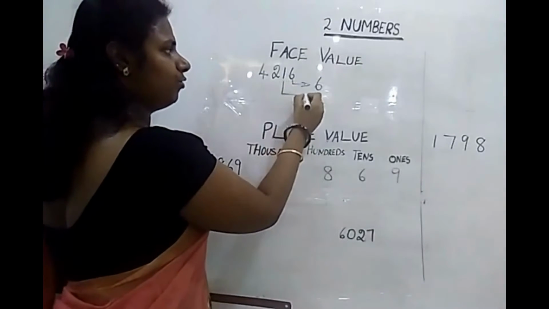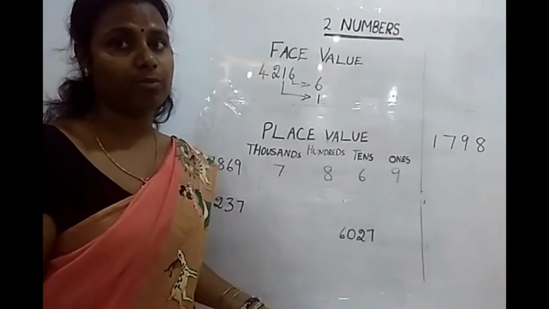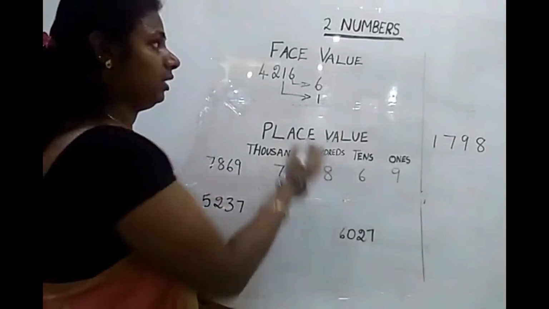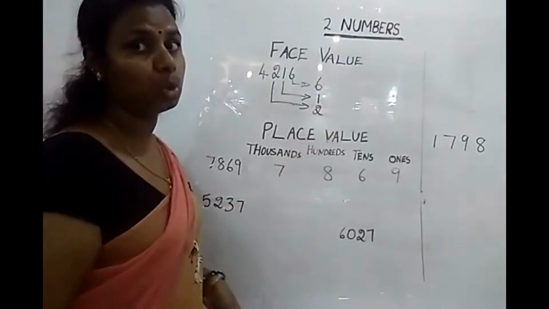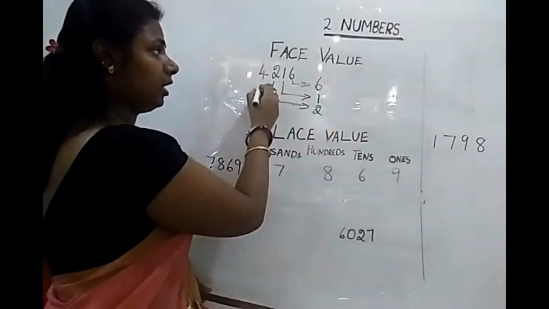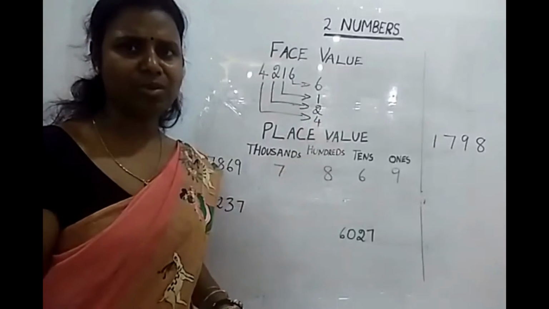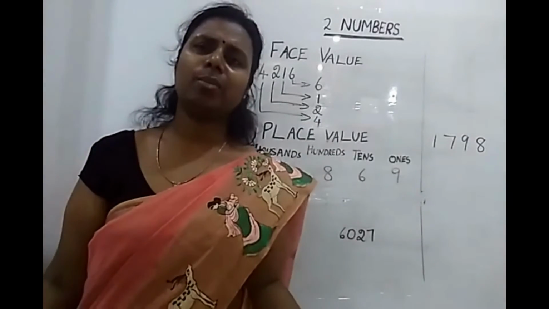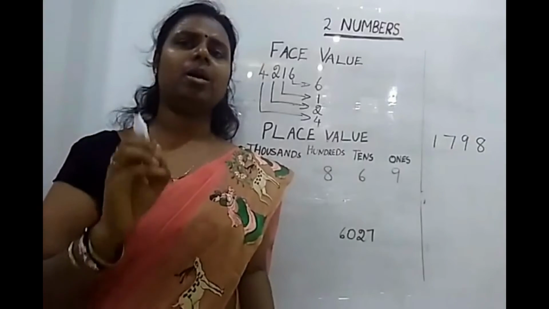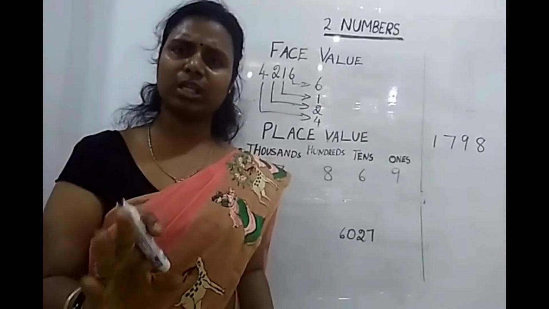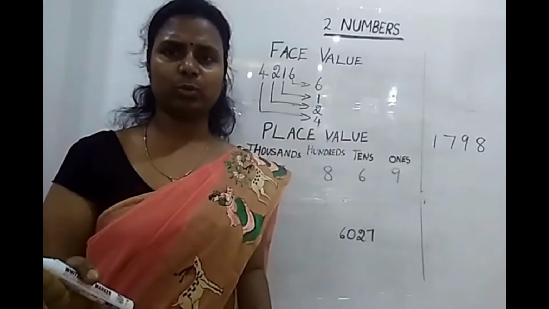Face value of 1 is 1. Whatever the place may be, we don't have to bother about that. The face value of 2 is 2. The face value of 4 is 4. What is that digit? By looking at that, you have to say that number. That is the face value.